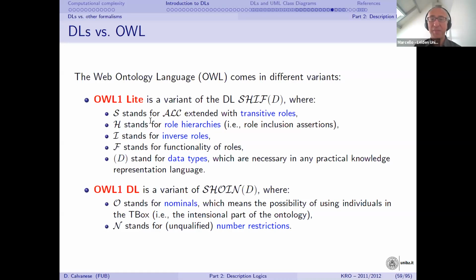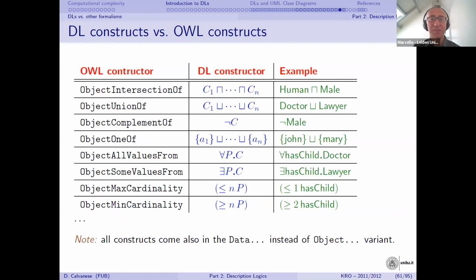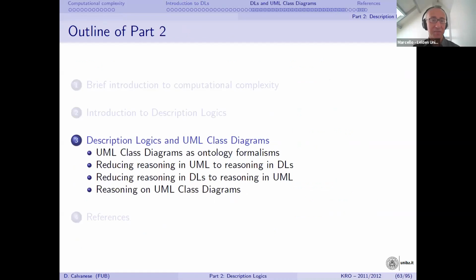This gives a bit of an idea how complex languages like OWL already are. But OWL is an important language, and they use different syntax, but the semantics at the end is the same.